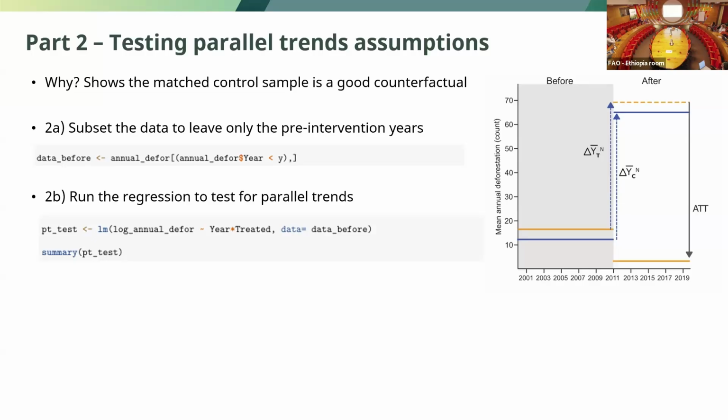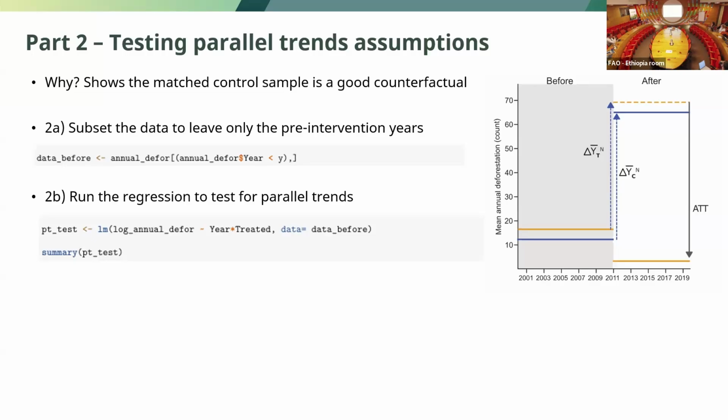Basically, difference in differences is saying that we can use outcomes in the comparison after treatment to infer what would have happened in the offset if it hadn't been treated. Now, a really important assumption to that is that the two follow similar trends.